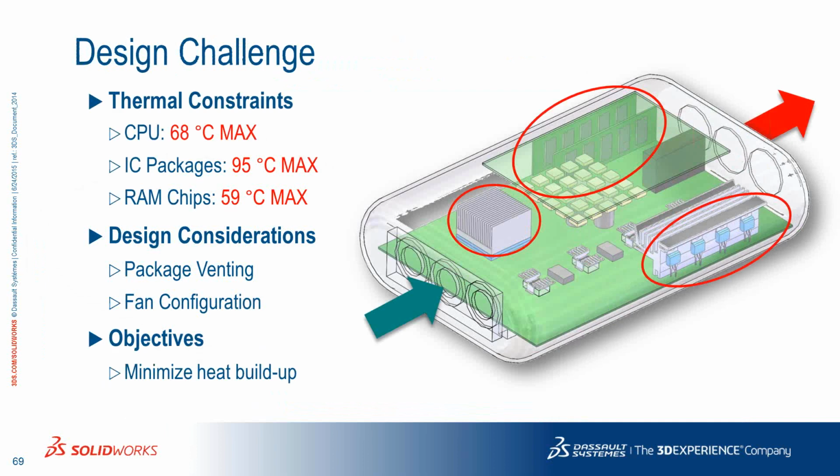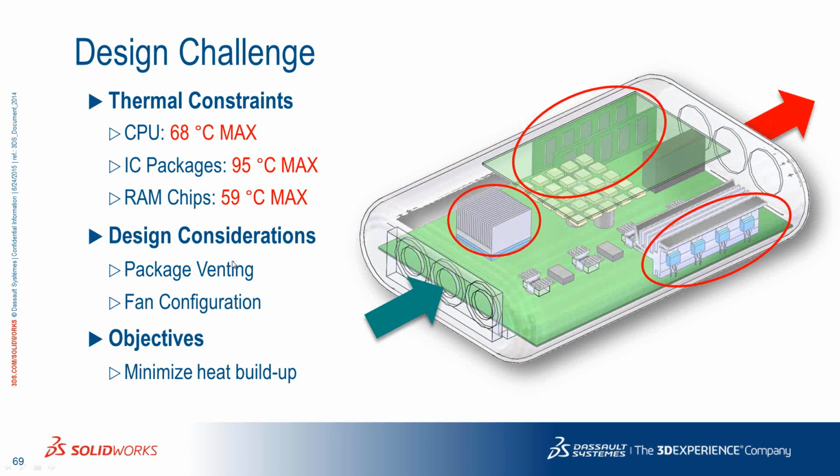So the design challenge here is pretty straightforward. The first thing that we're looking at is, what are the key parts in the electronic system that need to be kept cool? So, for example, the CPU, IC packages, RAM chips are all critical parts of this assembly, and they have a certain threshold temperature. We don't want those parts to actually exceed those threshold temperatures.